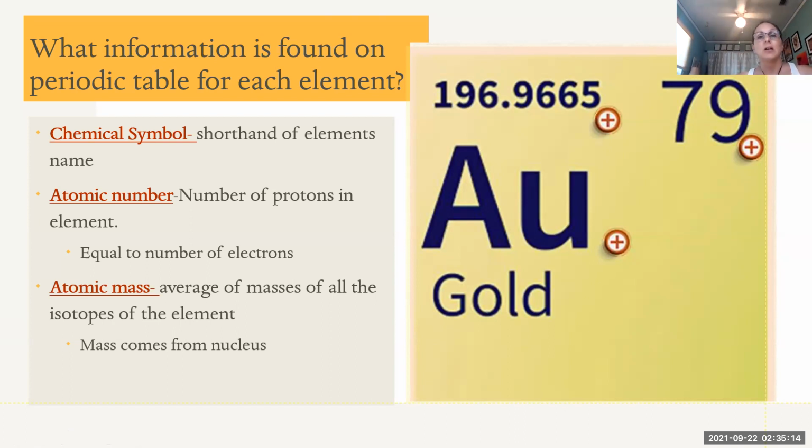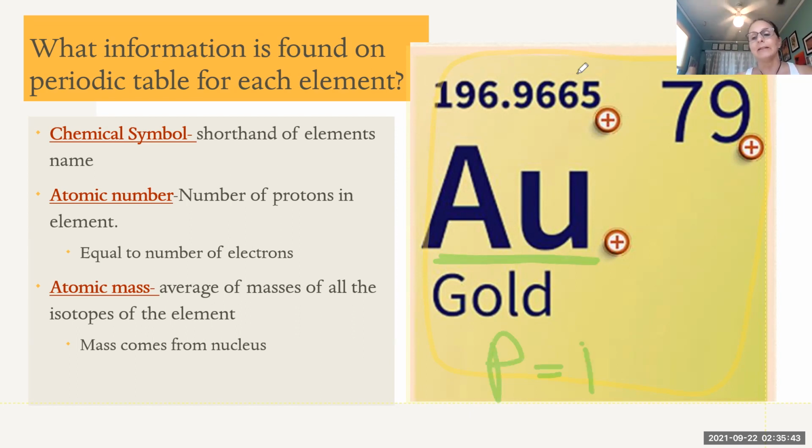Now what we're going to do is talk about the individual elements that you find on the periodic table. What you can find on a periodic table is this little picture here, okay? And on this picture, you see a symbol. That chemical symbol is the shorthand symbol of the element. Just so we know, everybody thinks potassium is P because we're saying potassium, but it's not.